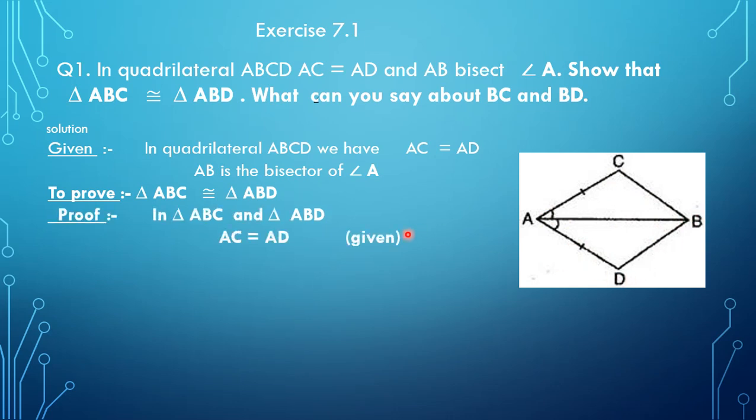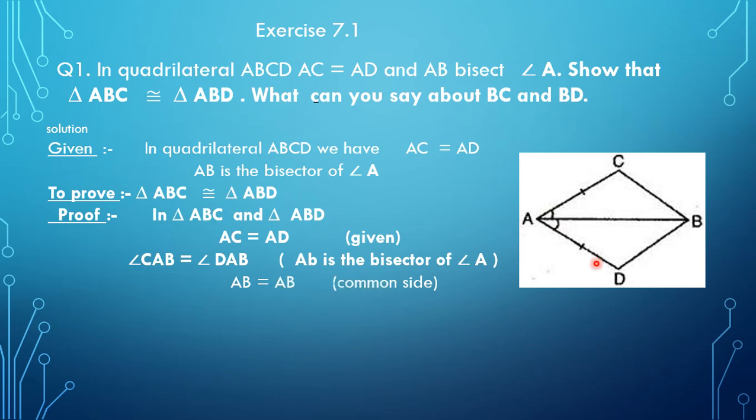Now start the proof. Let the two triangles be ABC and ABD, where AC and AD are equal, which is given in the problem. Angle CAB and angle DAB are also equal, as it is given that AB is the bisector of angle A, that is, the bisector divides the angle into two equal parts.